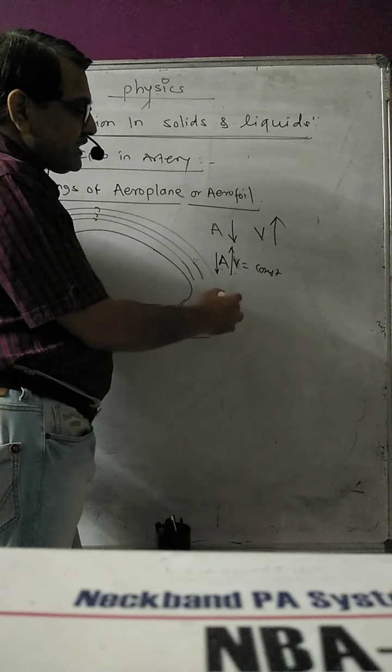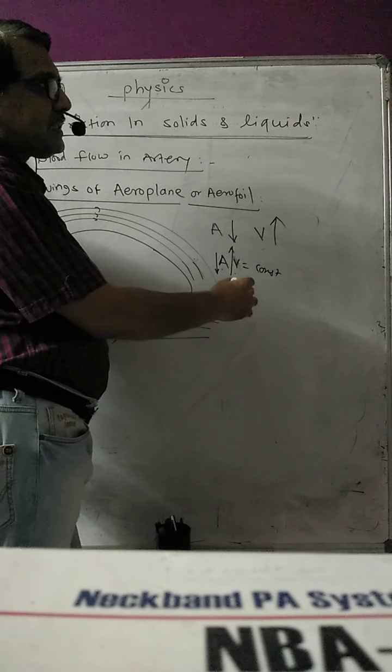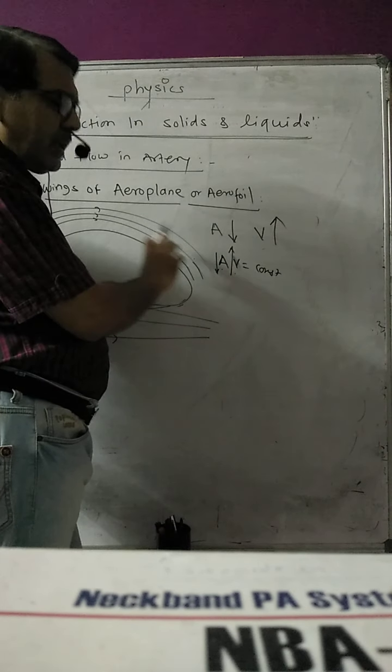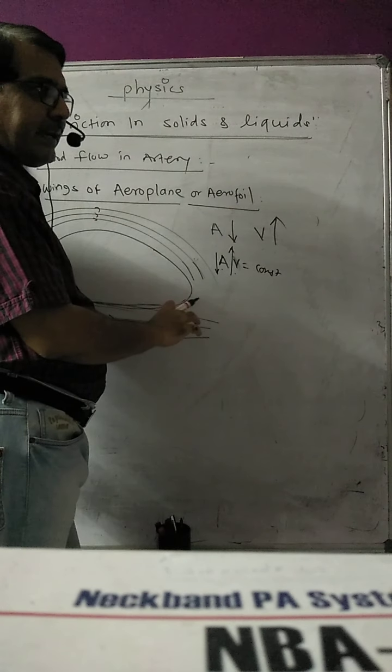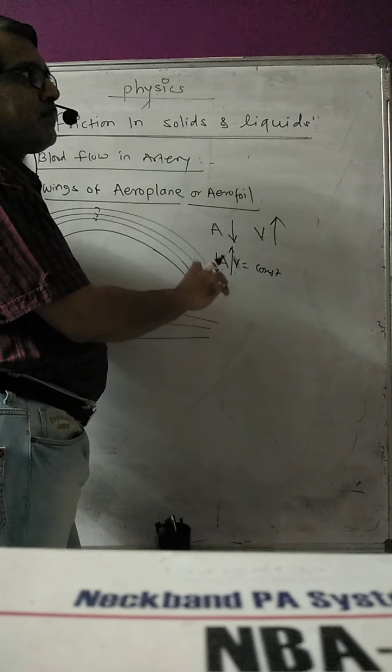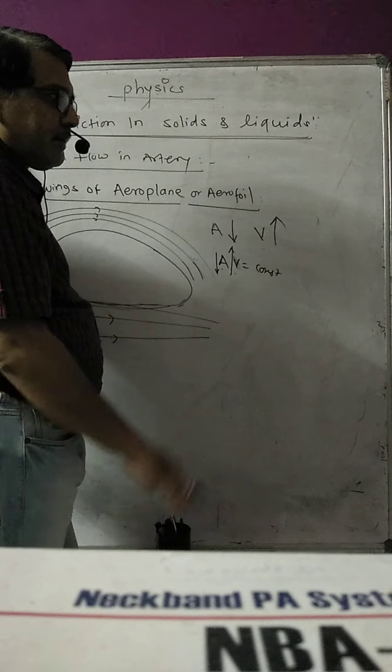In Bernoulli's principle, as we have calculated, P, the pressure energy per unit volume, plus the potential energy per unit volume, plus the kinetic energy per unit volume, remains constant.